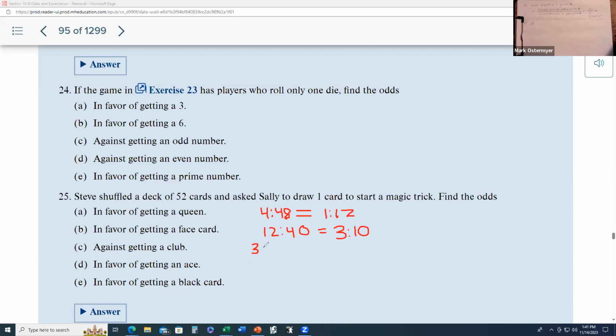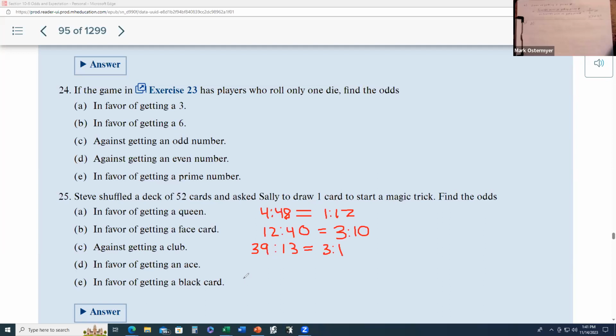So the odds of not drawing a club would be 39 to what? 52 minus 39 is what, 13? 39 to 13 odds of not drawing a club from a deck of cards. And this reduces down by 13 down to what? 3 to 1? 3 to 1 odds of not drawing a club from a deck of cards.